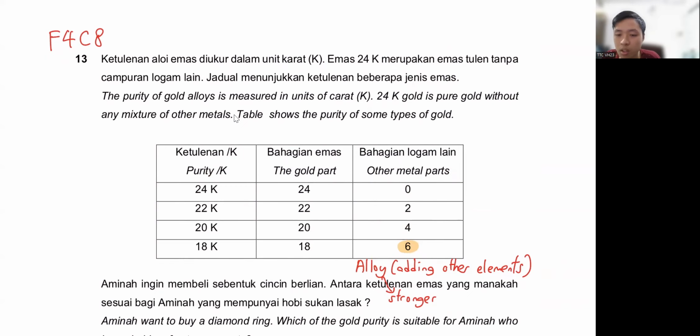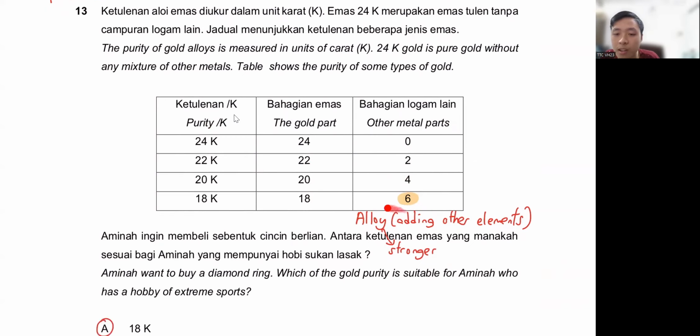So what happen? Alloy become stronger. So they ask which gold purity is suitable for Anmina who has hobby of extreme sport. Extreme sport meaning maybe they have all the kind of scratches, all the kind of hitting. That's why your gold need to be tahan, your ring to be tahan lah.